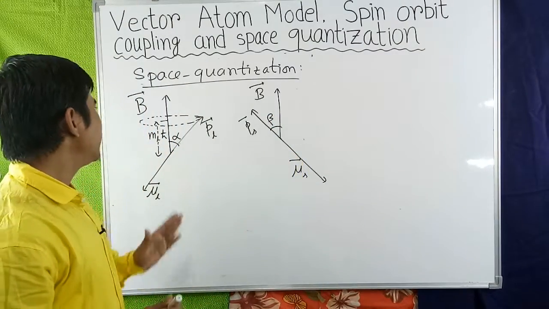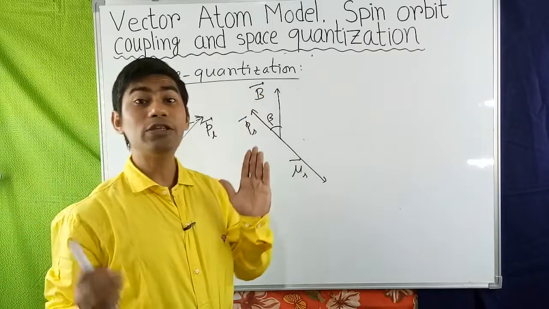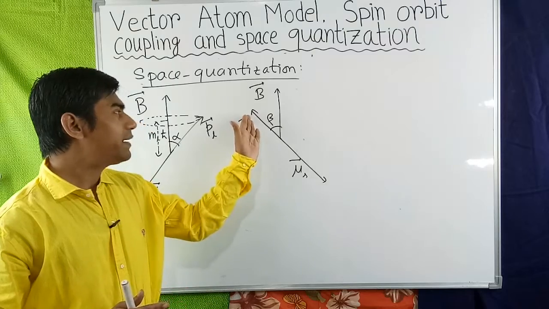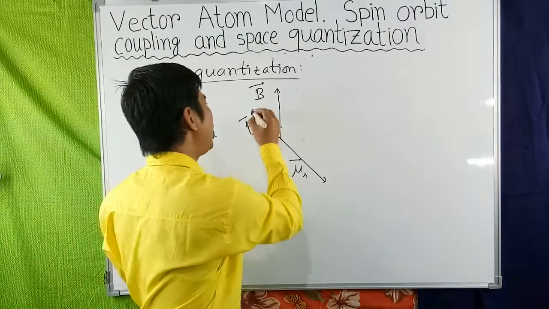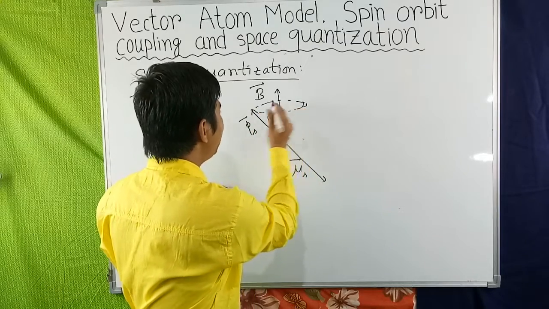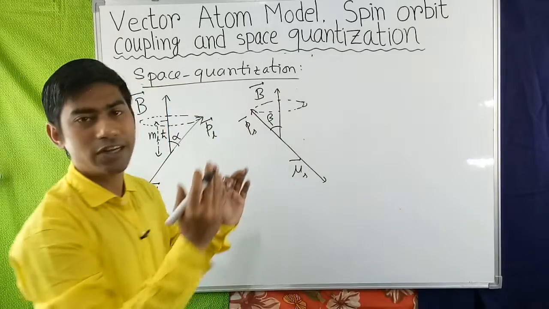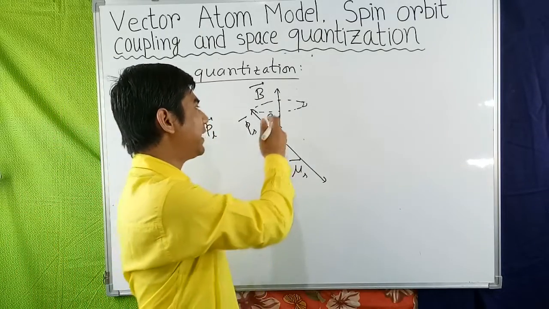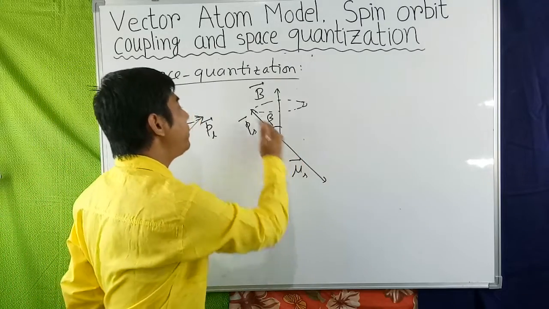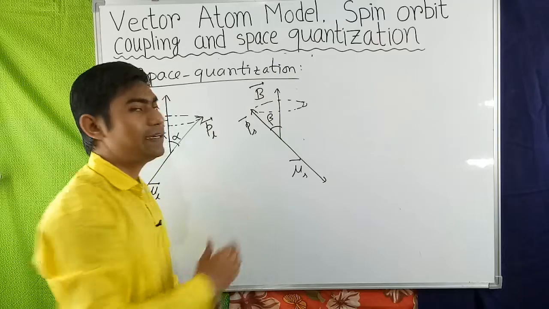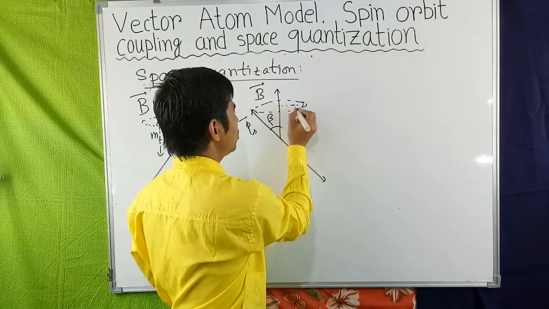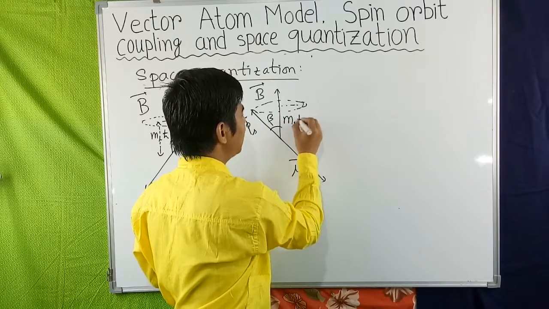Here also, in case B is relatively strong, the spin orbit coupling will break down and the PS vector also will precess around the direction of B, maintaining constant angle beta with B. So the projection of PS on the direction of B is quantized, that is ms into h cut.